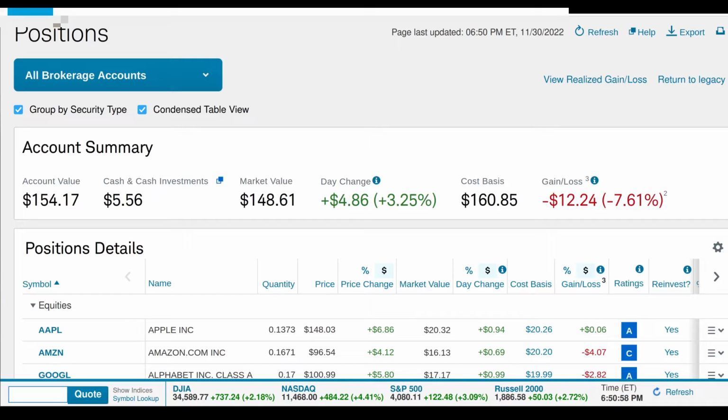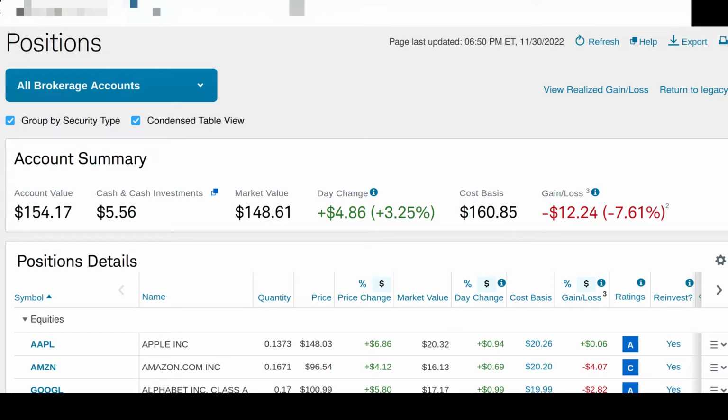There's a rating for each. This shows the portfolio breakdown, the percentage of each. This one right here shows the cost, the breakdown, the market value, gains and losses.